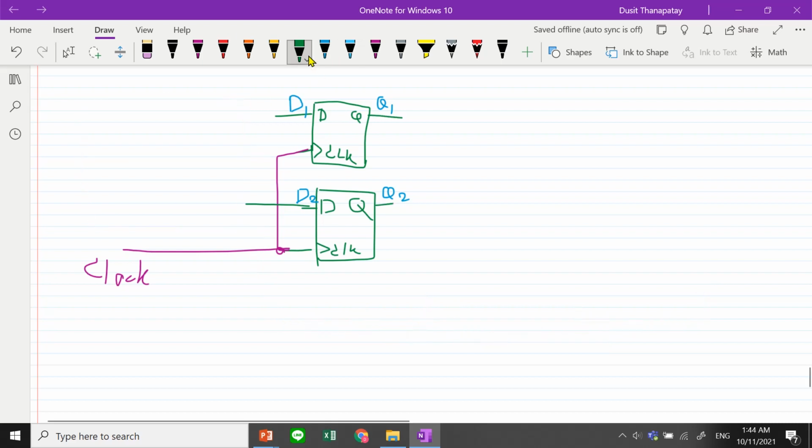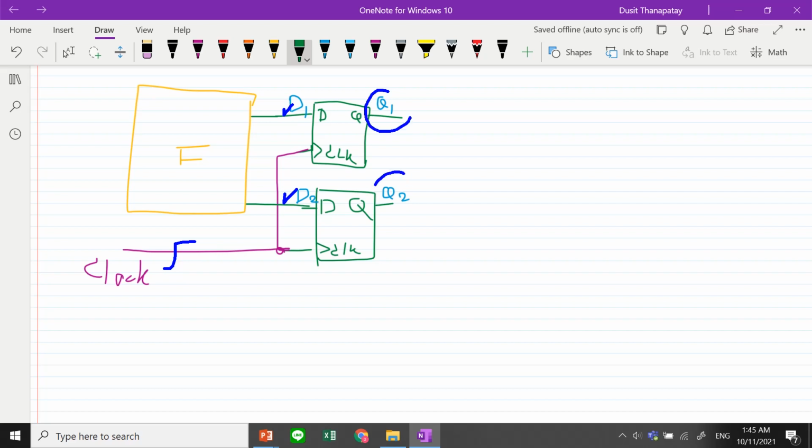Okay, that I name circuit F. This one, circuit F. The output of circuit F is the excitation signal, and when the clock ticks, the flip-flop will read data from the excitation signal and update each value with the value of the circuit F output.